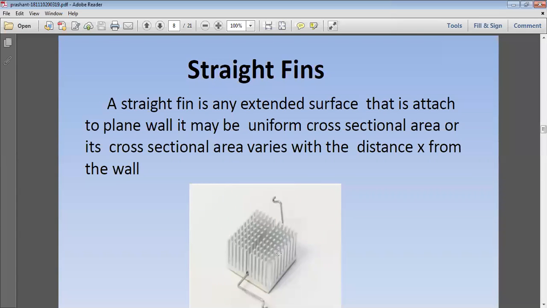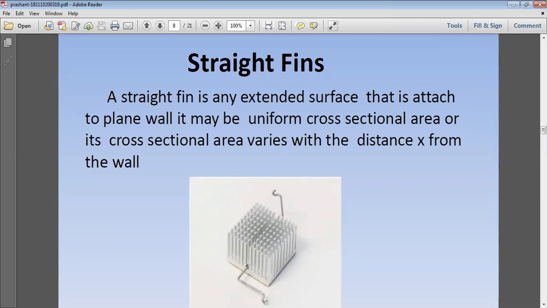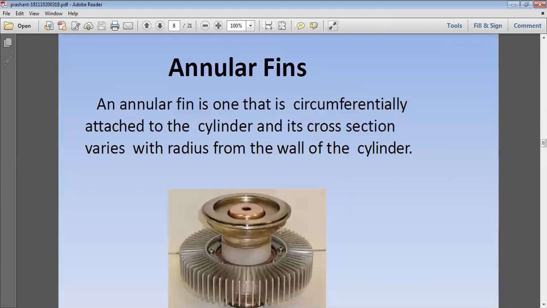You can place a number of fins over the base surface. This is called straight fins. Here all the fins are vertical and straight. If you cut any vertical fin, you will get a uniform cross section, a straight fin with uniform cross section. And here this is the annular type of fins.